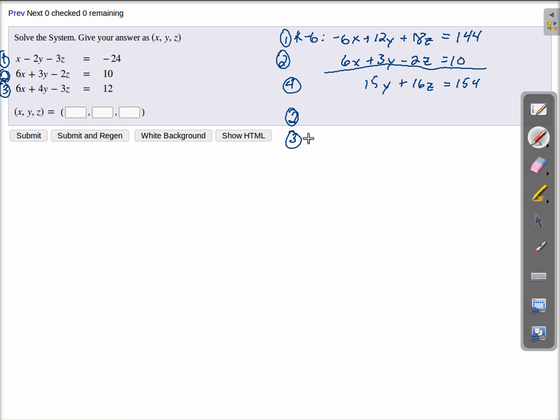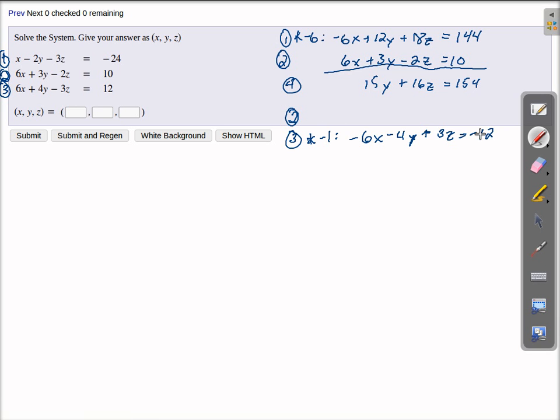I've got a 6x in the second equation and a 6x in the third equation, so let me make one of those negative by multiplying by negative 1 so they cancel out. So my third equation is going to become negative 6x minus 4y plus 3z equals negative 12.